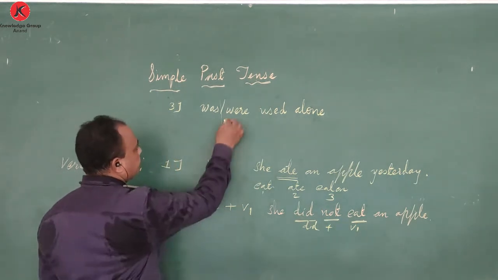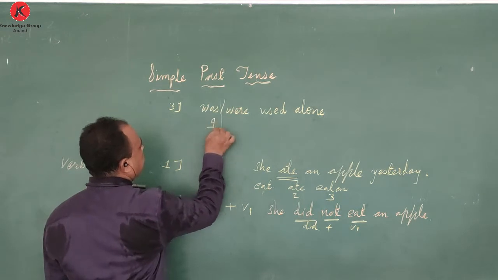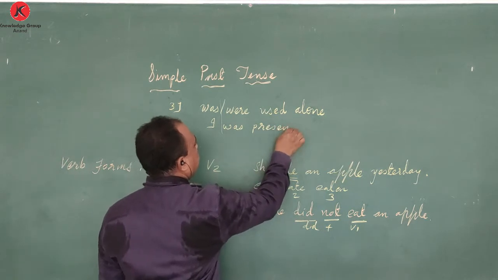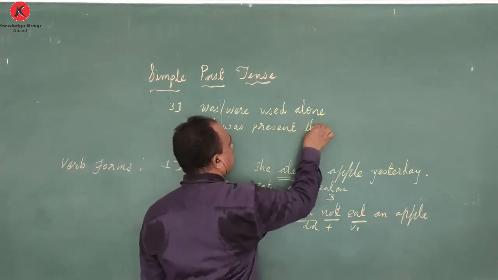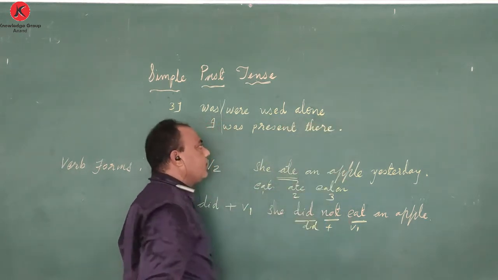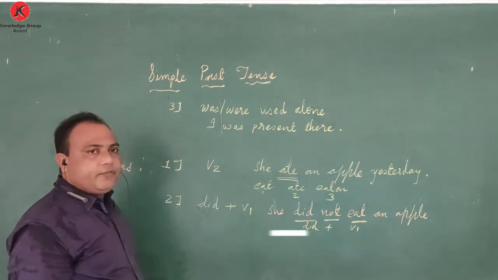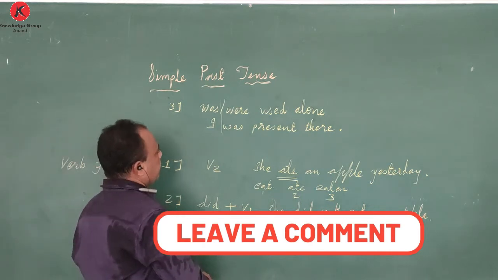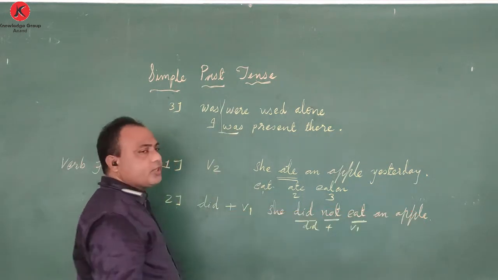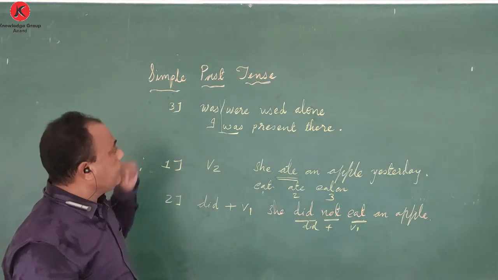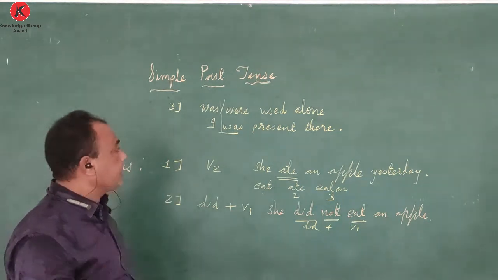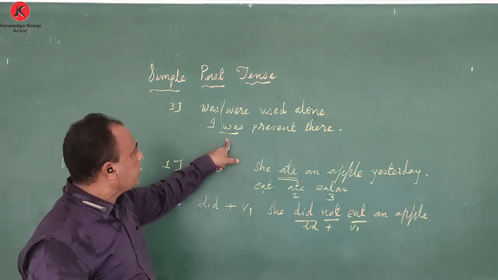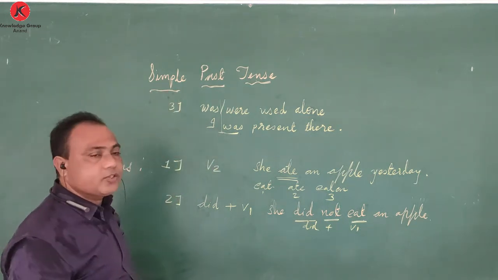For example, I was present there. Here was is used alone, so it indicates simple past. I was present there, so was alone indicates simple past tense.